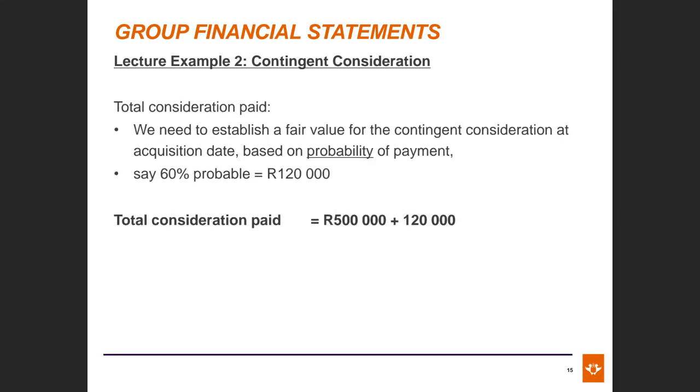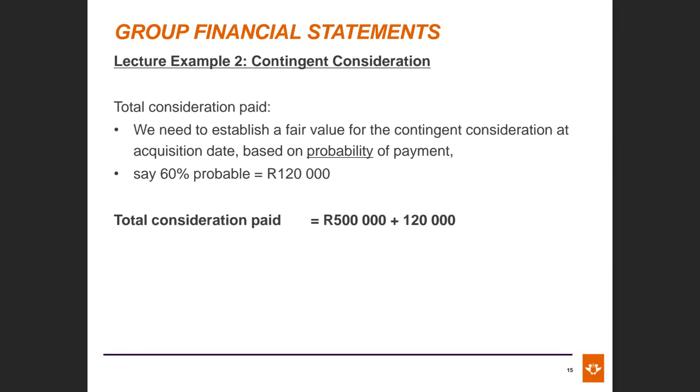So how will we determine the fair value of this contingent consideration? We take the 200,000 Rand and multiply it by 60%, and this gives us 120,000 Rand. When we calculate our total consideration paid, we take the cash payment that is not contingent, which was 500,000 Rand.